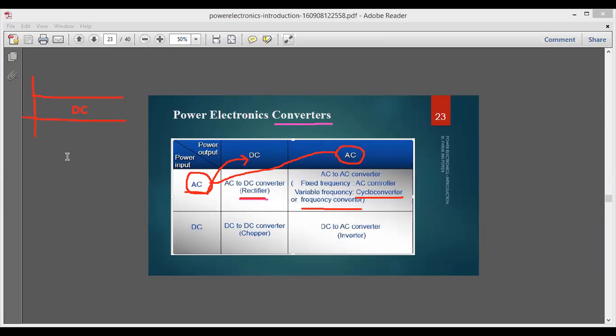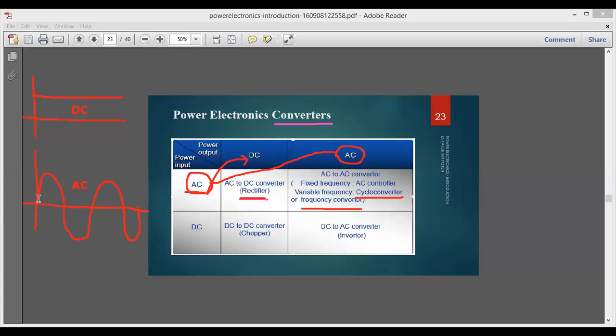That is why we don't have any frequency component in DC current. But when you take AC current, the alternating current is always varying with respect to time with sine waves, or sinusoidal waves, and this AC current has a frequency component.